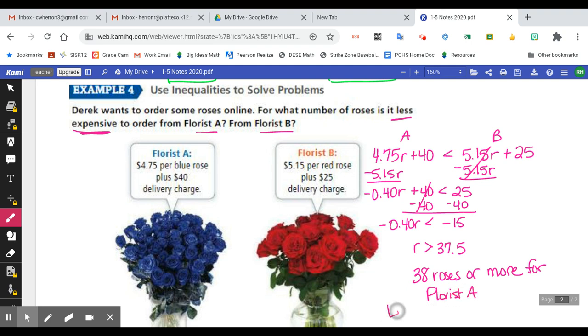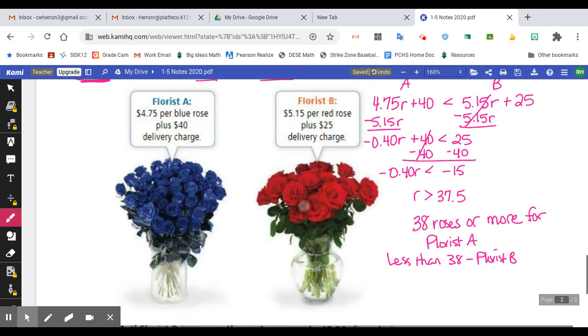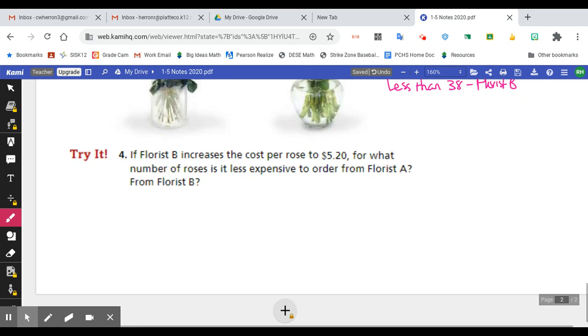If you ordered less than 38, florist B would be your choice. Okay? All right, so pause it and do the last one yourself. And when you're ready, join in and see what the answer is.